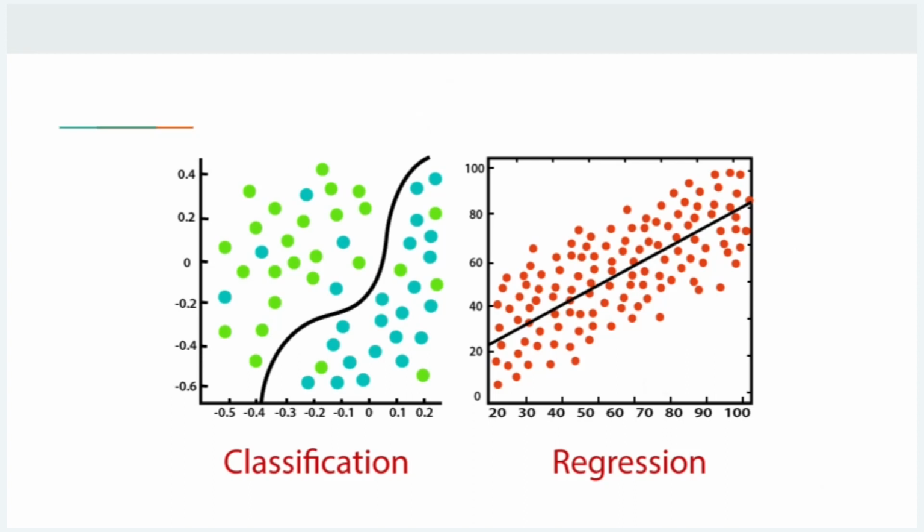So there are a lot of algorithms that can work for classification, and there are algorithms that work for regression. But if you go through any package like sklearn, you'll find that for every algorithm that we are going to discuss next, there is a classification counterpart and a regression counterpart.